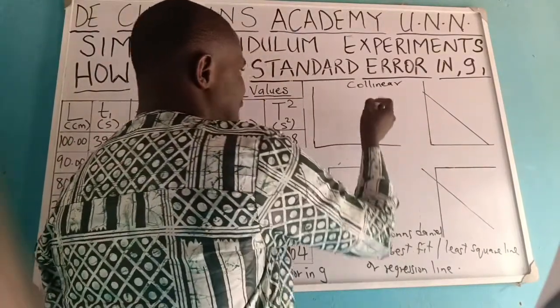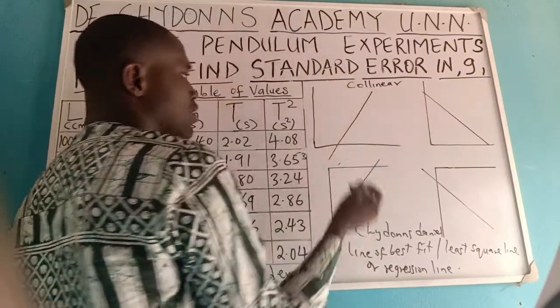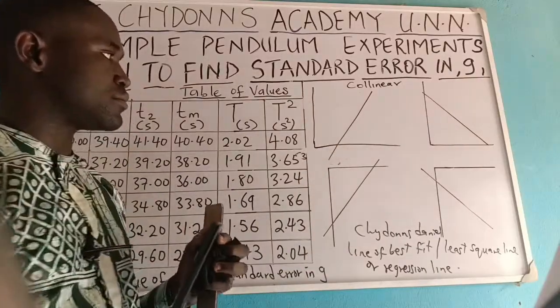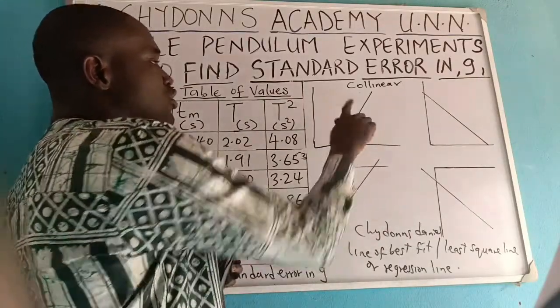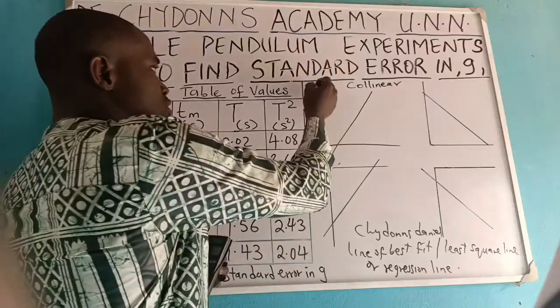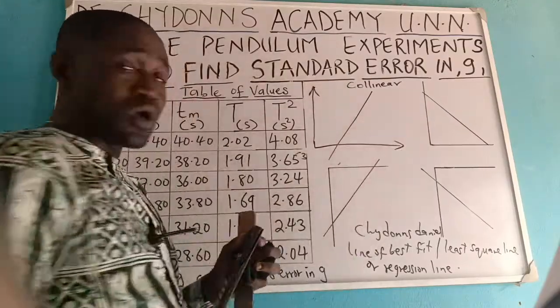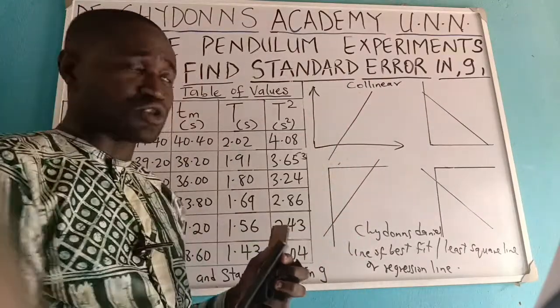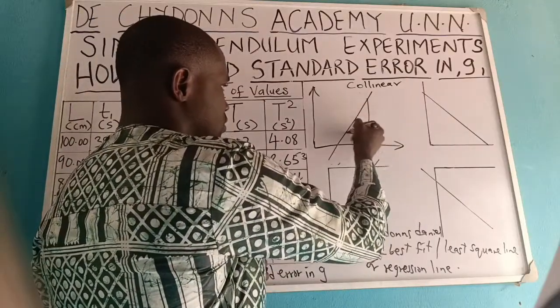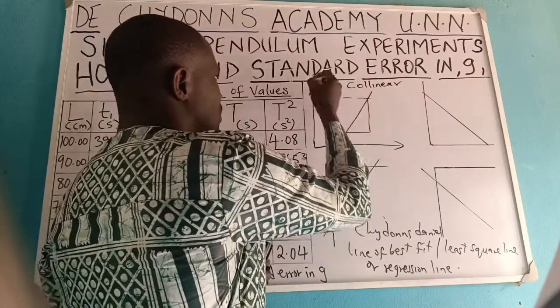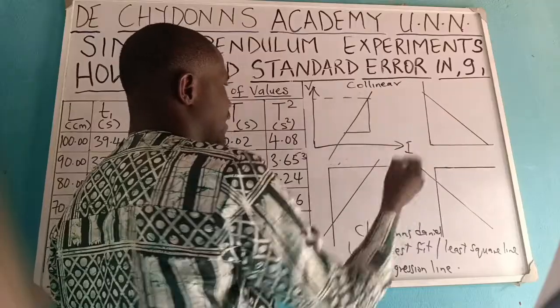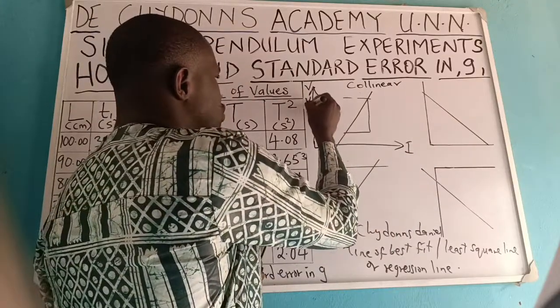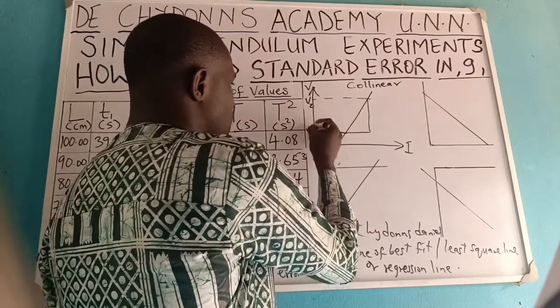Do you also know that if the graph goes this way, you can still find your slope by the same method. You just do it like this. This is your, let's say, V against I. Then here is V2 and here is V1.